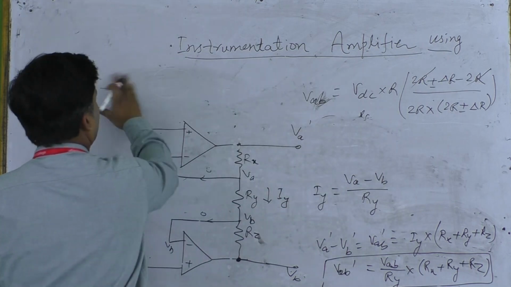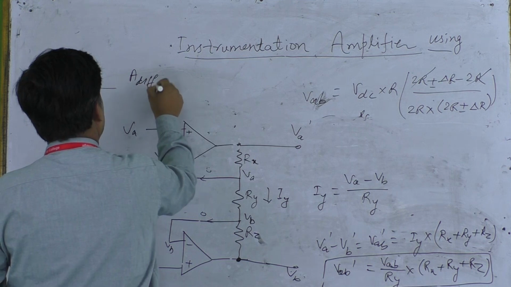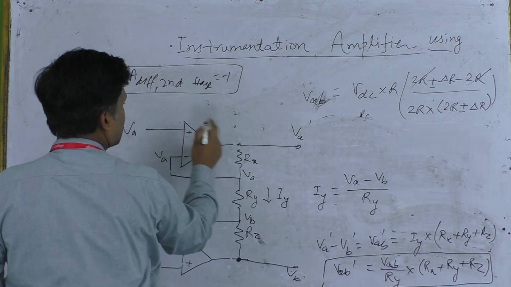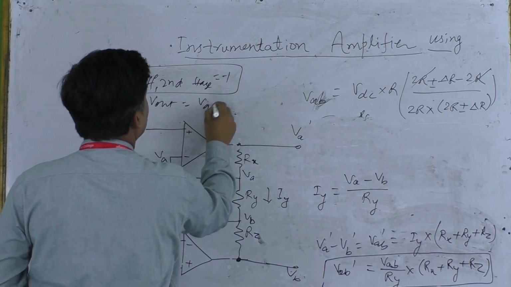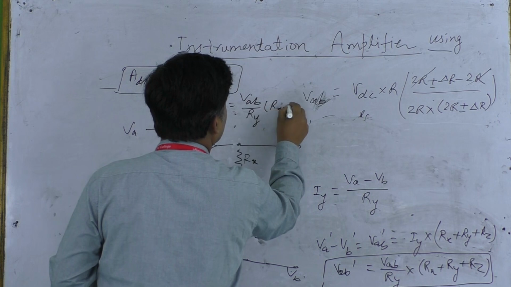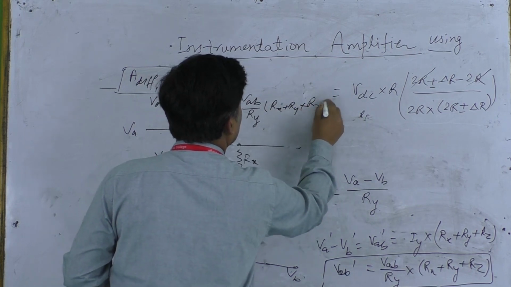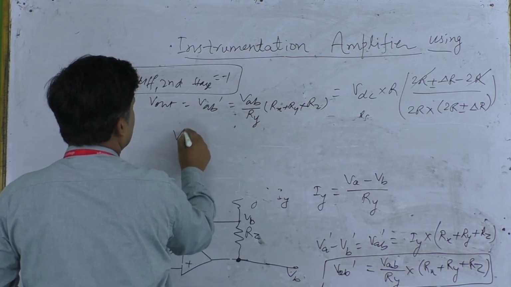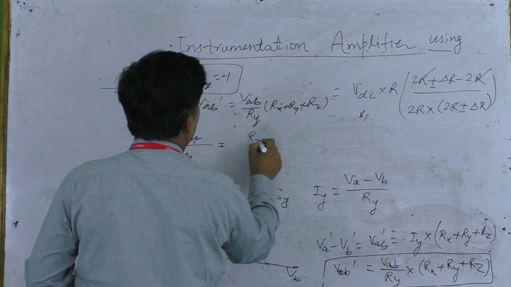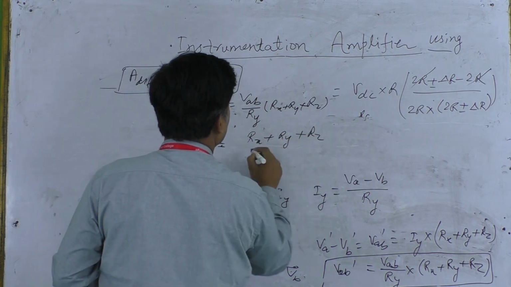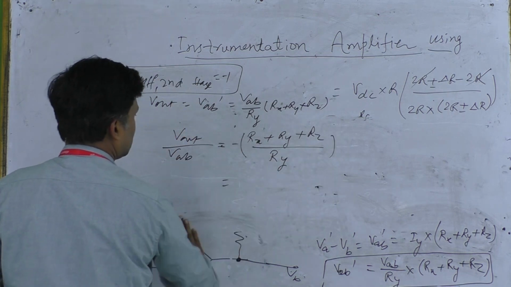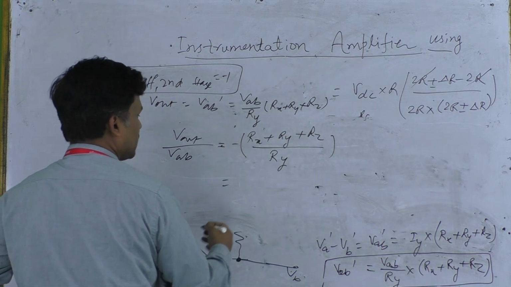If the gain of the second stage is equal to 1 or minus 1, in such a case Vout will be equal to VAB dash, that is VAB divided by Ry multiplied by Rx plus Ry plus Rz, and therefore the gain, that is Vout divided by VAB, which is the input voltage, will be equal to Rx plus Ry plus Rz divided by Ry with a minus sign, as the gain of the second stage is minus 1, so the minus has been applied over here.